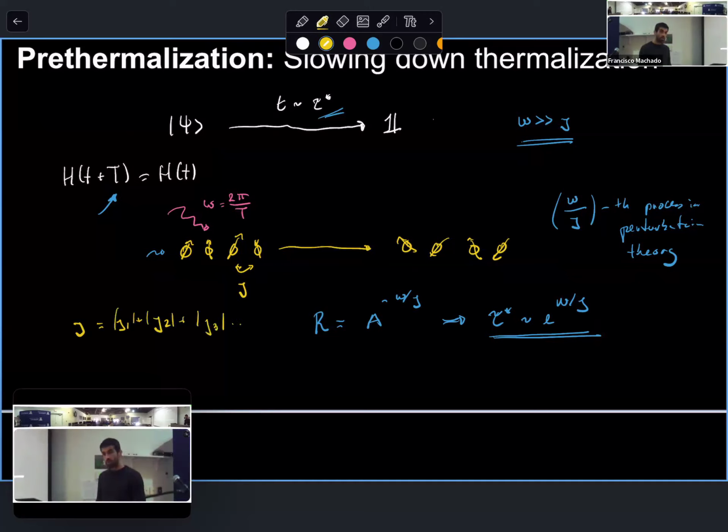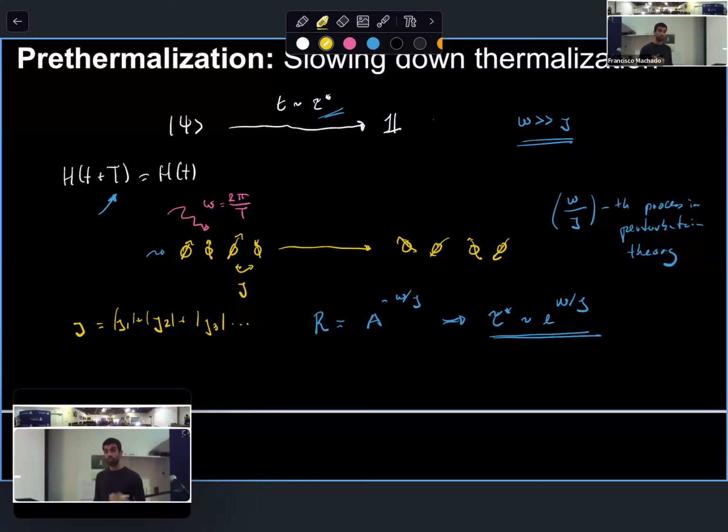One way to broadly think about this is that J is a measure of how much energy you change if you do a local flip. And you can imagine that the order of perturbation theory that you need to go to is set by the maximal change on each spin, and that's going to set how many local processes you need, which sets the order of perturbation theory, which sets this exponent. Does that answer the question? Perfect.